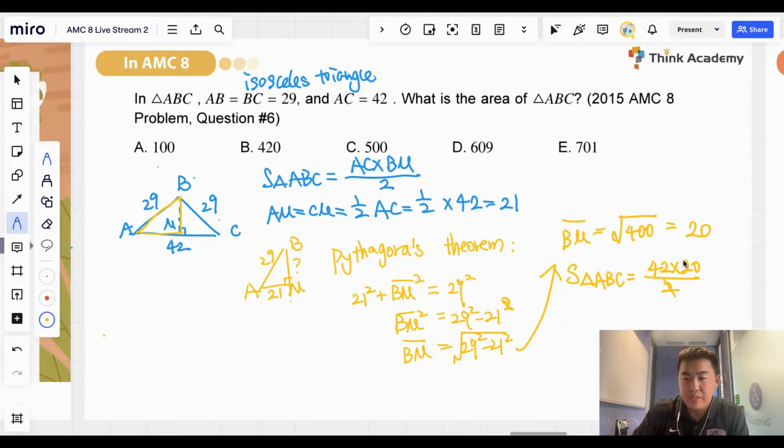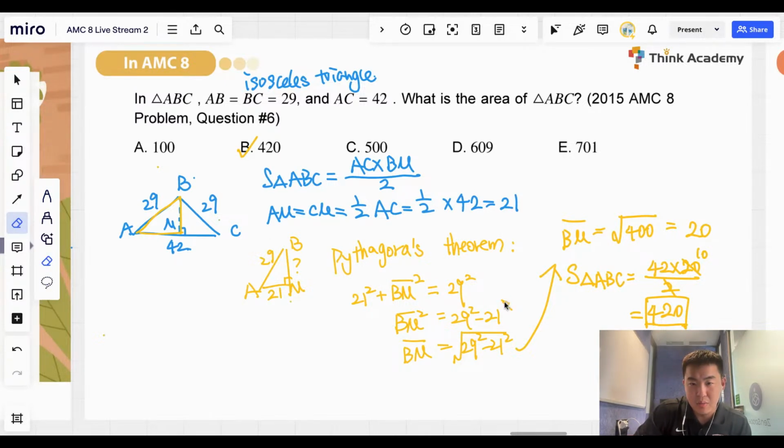If you take 2 from the denominator and also 2 from the numerator, you're left with 42 times 10, which is 420. So which one gives you the correct option? A, B, C, D, or E? 420 is option B. Okay, good. So that's option B. And let me make my notes a little bit better looking.